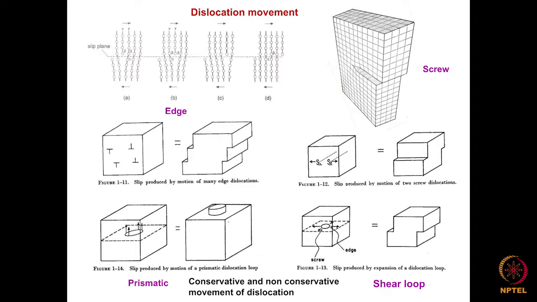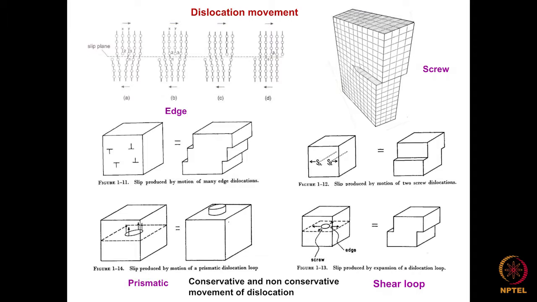You see that 1 and 2 are joined, then the 3 has now become the extra plane. Then again another push, and 1 and the 3 will join together, this has come here. When these 2 join together, a step has been created. Now in between this region, if you look at it, there is no dislocation, right? Now a perfect plane is being maintained. This is the way a dislocation moves.